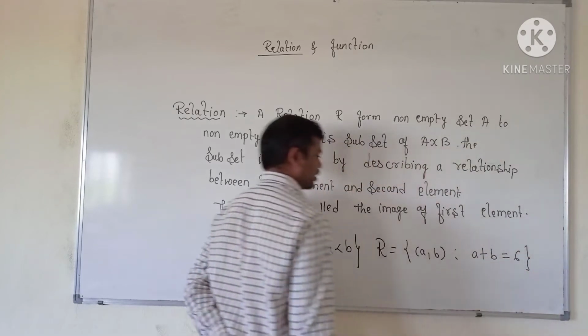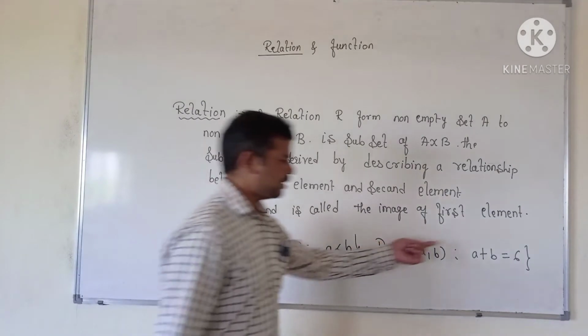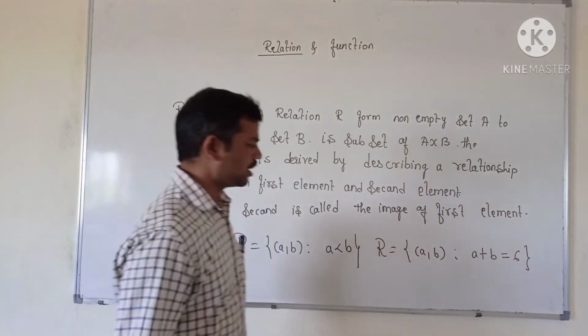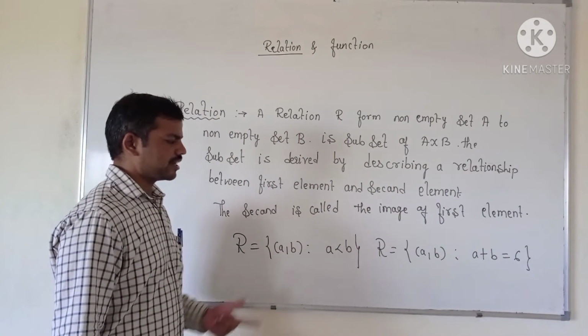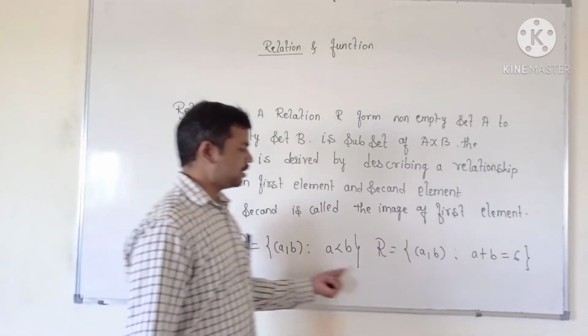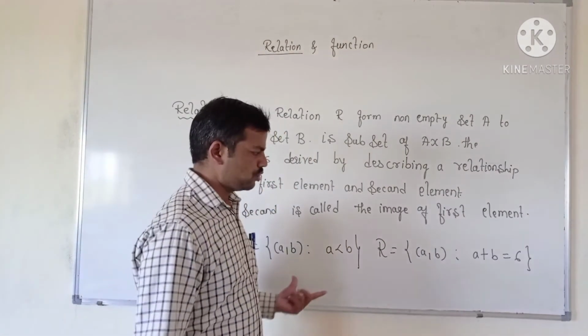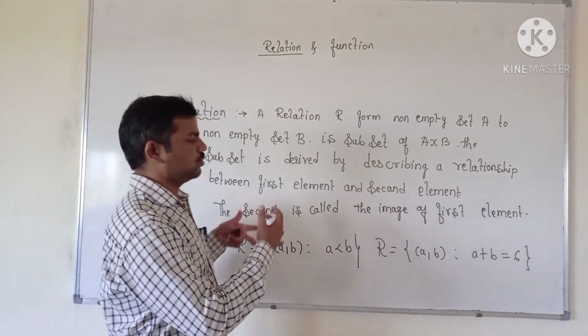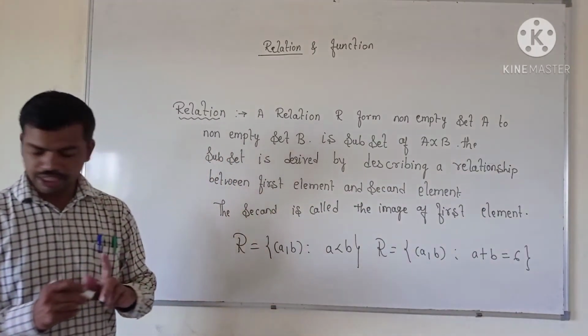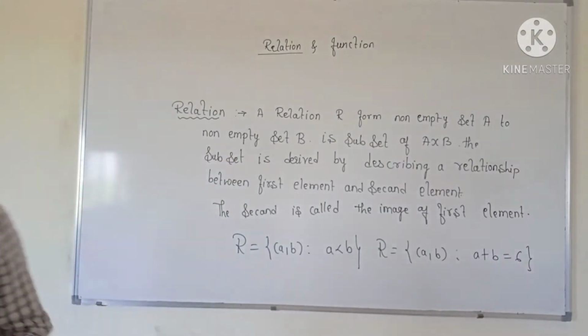The sum of the two numbers is 6. So we have to collect that. These are the two examples which we have given in the set builder form. One example we have given.